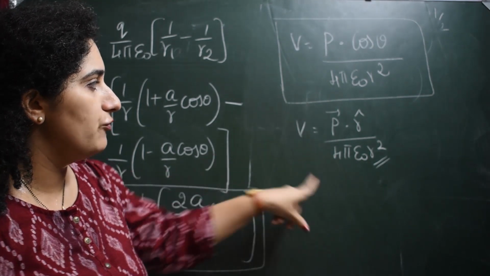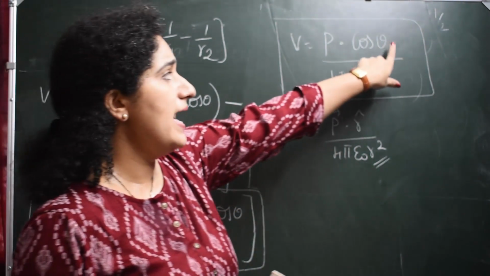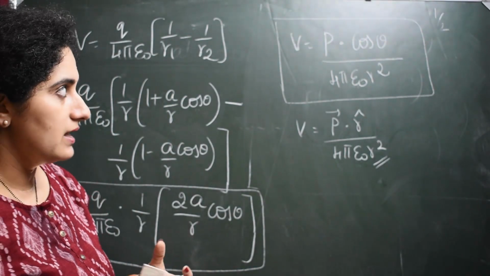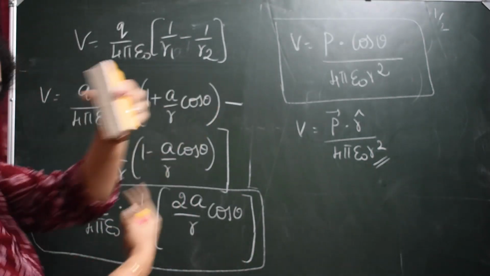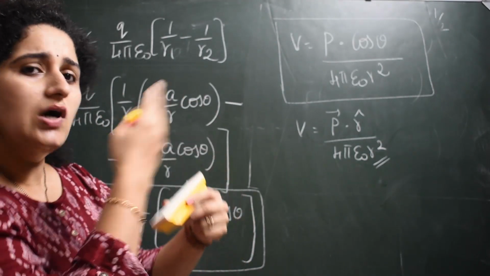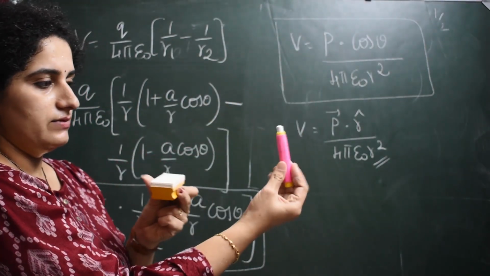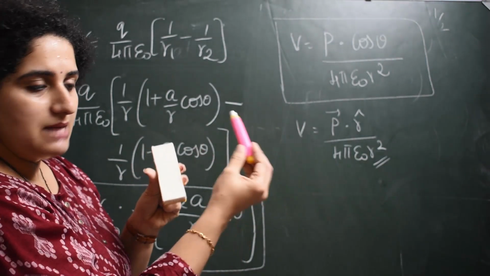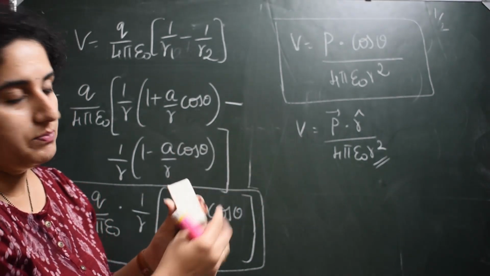And also the value of potential depends on the angle. Angle is very important, the angle from the dipole, what angle it is making. If you consider that angle, then you get the cone shaped. All these are the higher concepts. So if you consider this point, dipole, and at the same distance, then it will make a cone shaped thing, the potential varying.